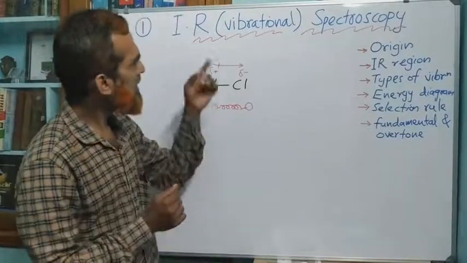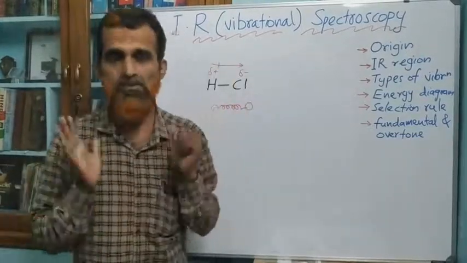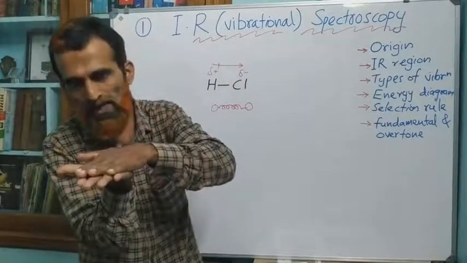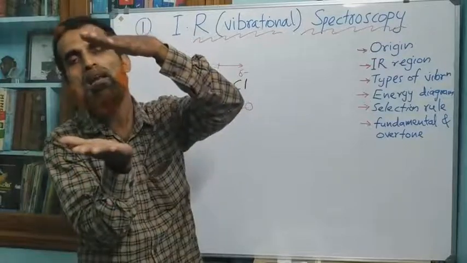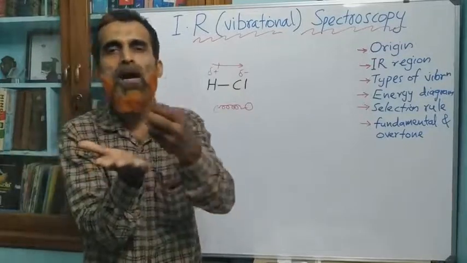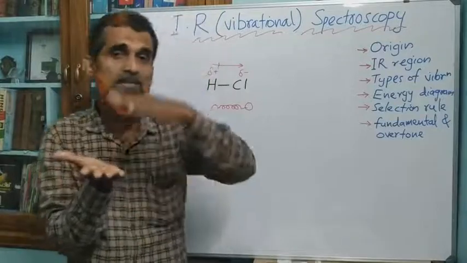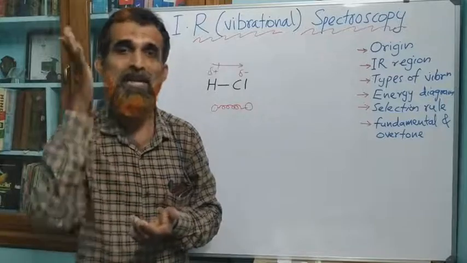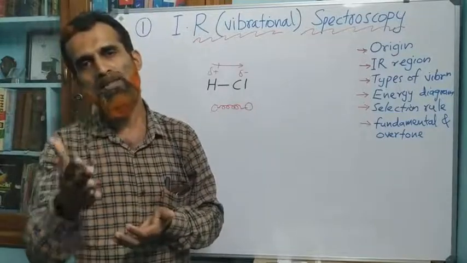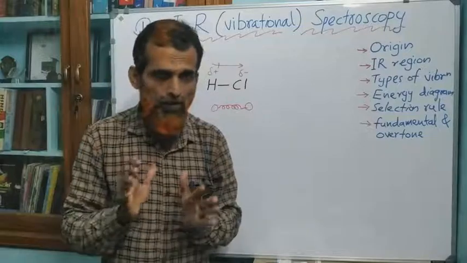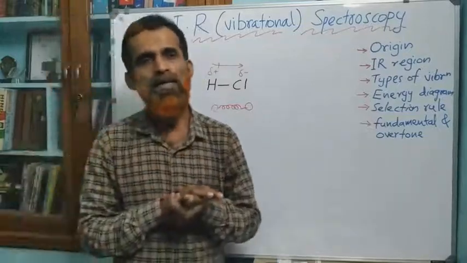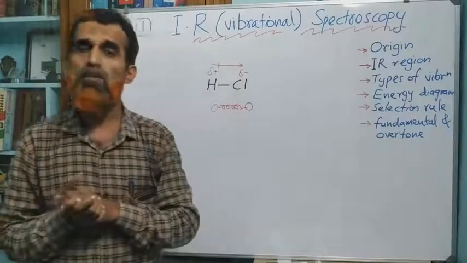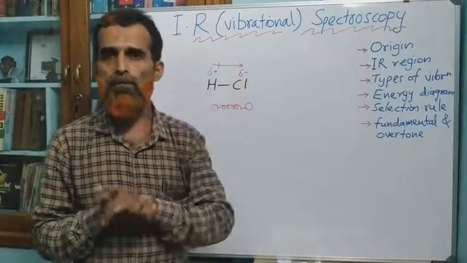So we can say that vibration spectroscopy involves transition of molecules from lower vibration level to higher vibration level by absorption of IR radiation, and these transitions are governed by what is called quantum mechanical selection rule. We have learned about what is selection rule in the previous class. Remember, all spectroscopic techniques are basically quantum mechanical problems.